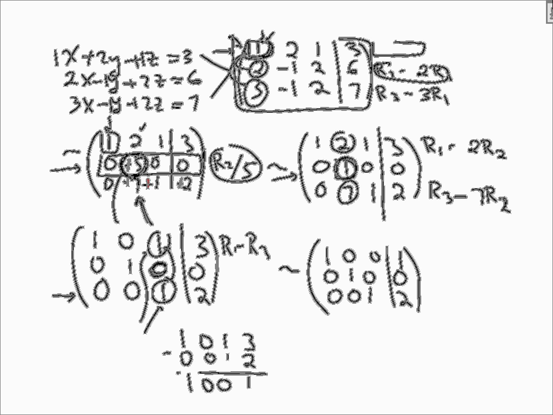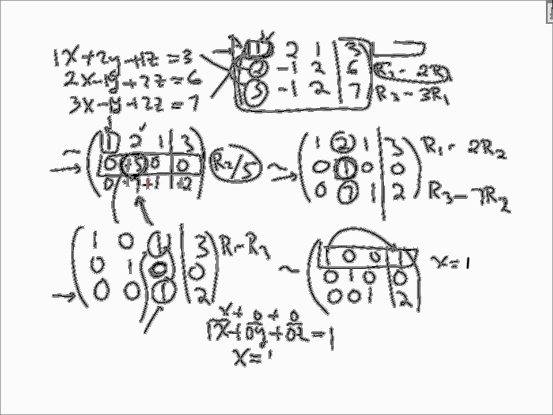That first line says 1x plus 0 y's plus 0 z's equals 1. Well, 0 y's is 0. 0 z's is 0. 1x is x. x plus 0 is x. So x equals 1.